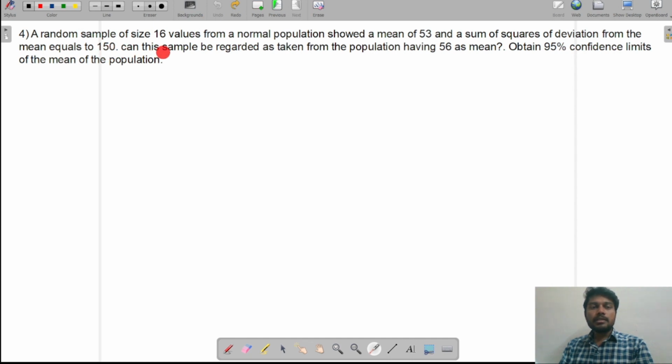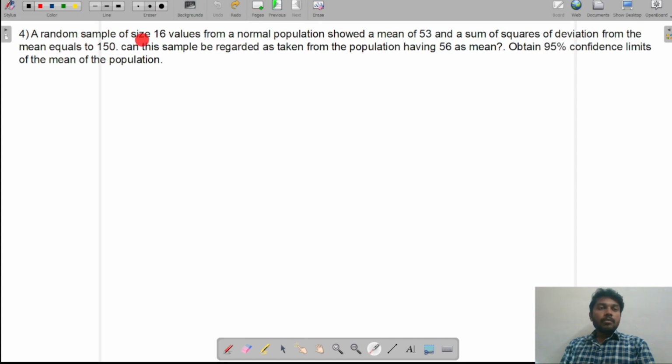Can this sample be regarded as taken from the population having 56 as mean? Obtain 95% confidence limits of the mean of the population. See, the question gives 95% confidence limits, so can I say the value of alpha is 5%, the left value out of 100? Yes.